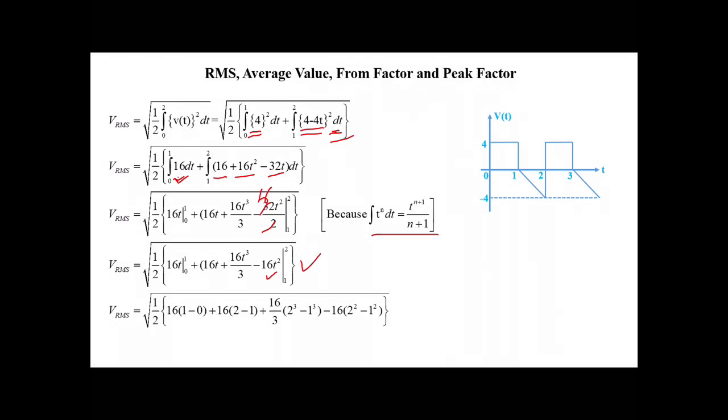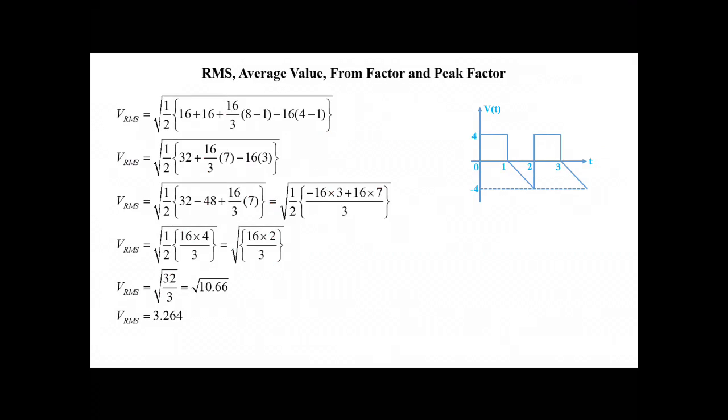We get VRMS equals under root 1 by 2 in middle bracket, 16 into 1 minus 0, plus 16 into 2 minus 1, plus 16 by 3 into 2 cube minus 1 cube, minus 16 into 2 square minus 1 square, middle bracket closed. Now we get VRMS equals under root 1 by 2, 16 plus 16 plus 16 by 3 in bracket 8 minus 1, minus 16 multiplied by 4 minus 1.